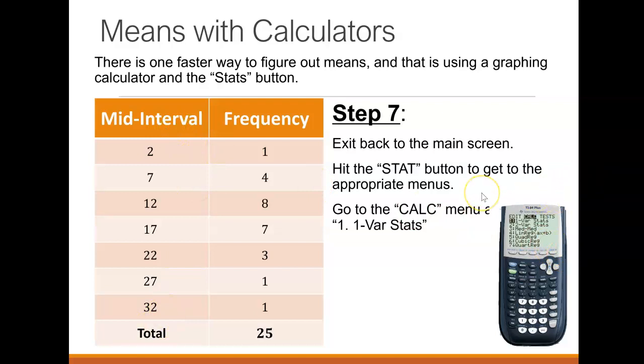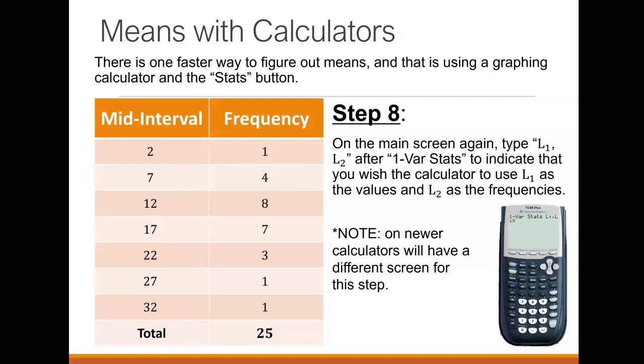Okay. Once I'm in there, it's going to ask me for a list, a variable list, right? And then a frequency list. So my variable is in L1. So I want to set that as L1. My frequency list is set at L2.